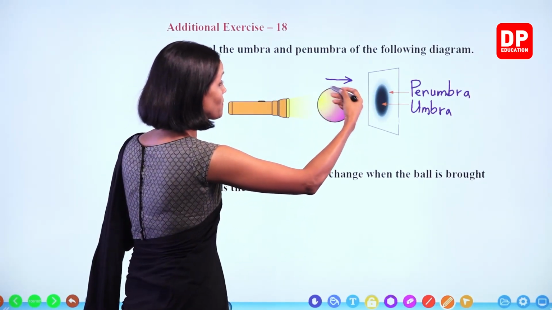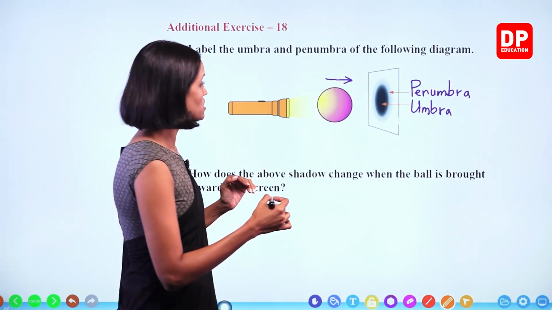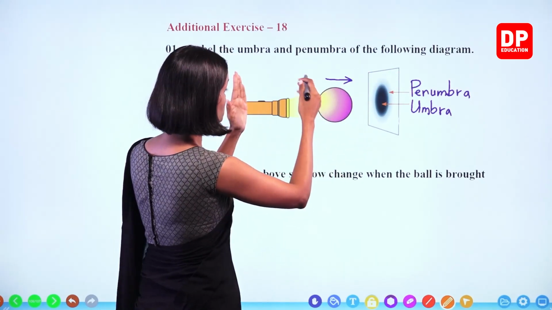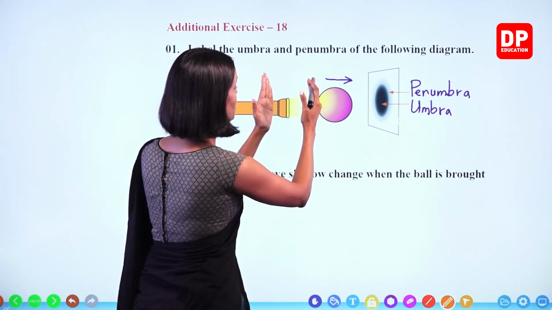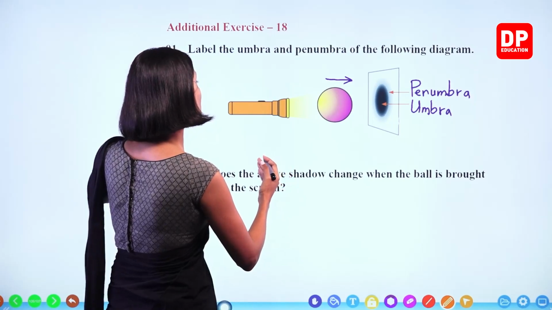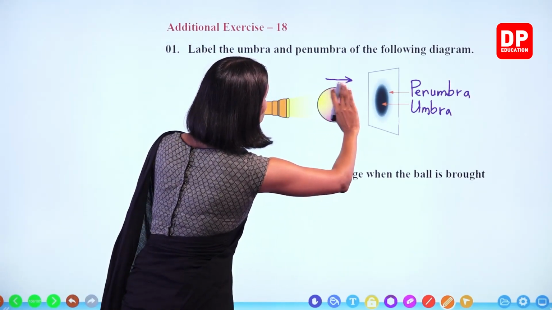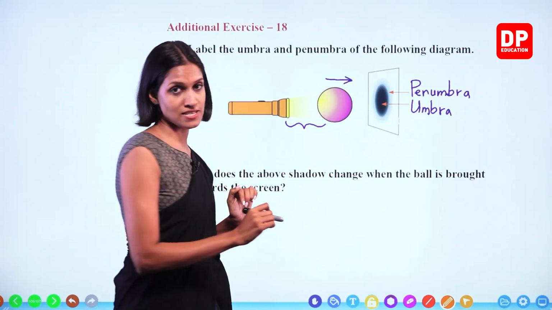Umbra becomes sharper, penumbra gradually disappears. Right, children? The penumbra gradually disappears and umbra becomes sharper. That happens when the distance between the ball and the torch increases, which means when we take the torch away from the ball. Now here, the ball is taken away towards the screen, which means this distance still increases.